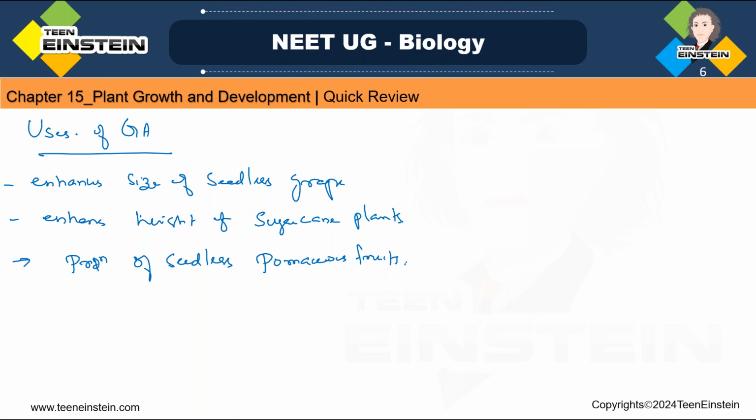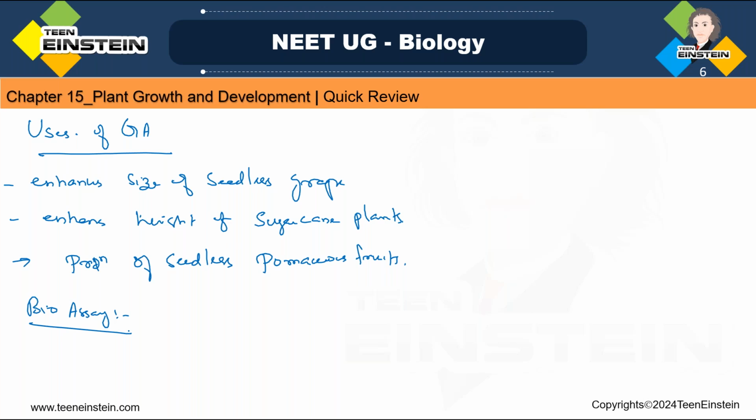For that also, gibberellic acid or gibberellins are used. And when we move to the bioassay of gibberellins, it is performed through the dwarf maize test, the pea test, and the cereal endosperm test.